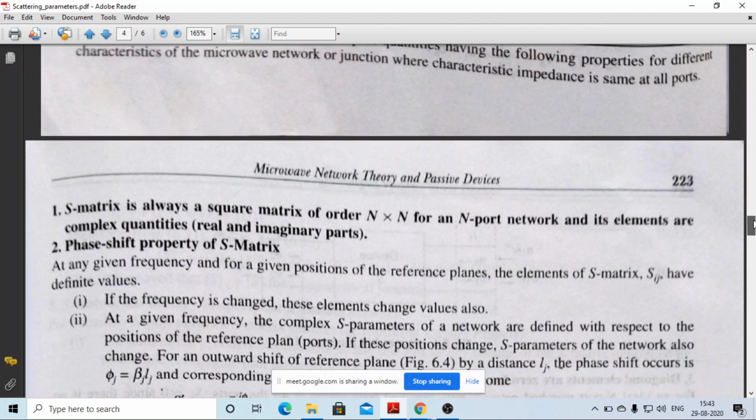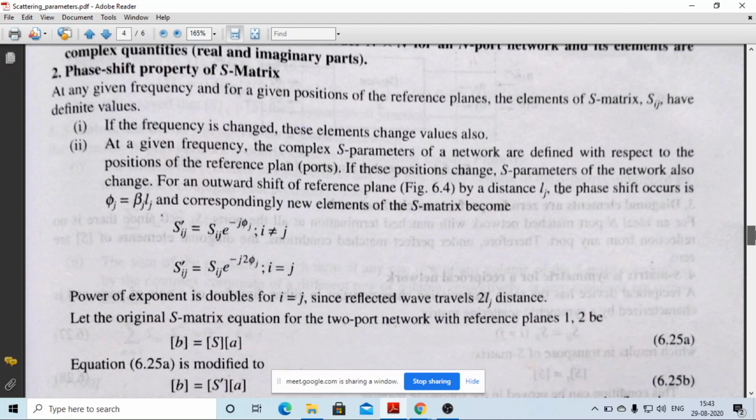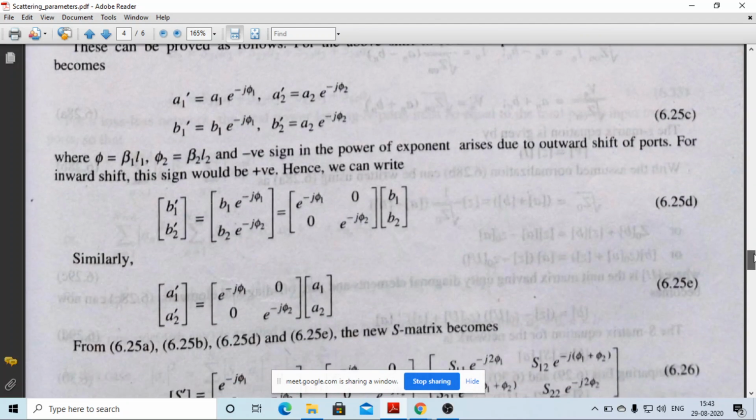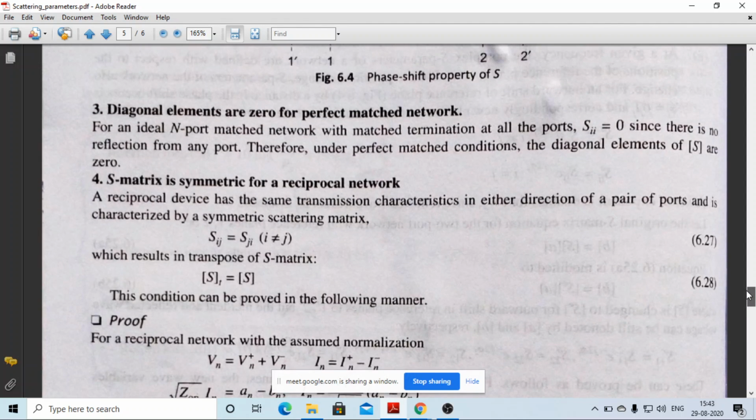And then there is a property for the S matrix. So phase shift property of S matrix. S matrix is always a square matrix. But as per your new syllabus, there is no need to derive and remember these properties of S matrix.